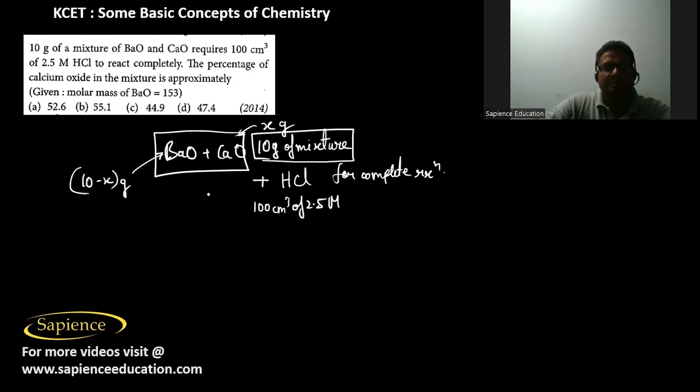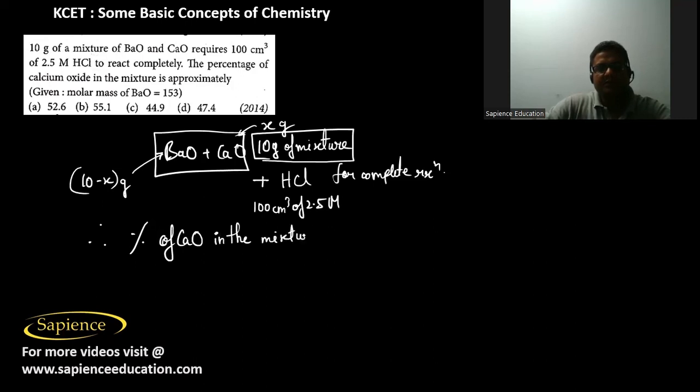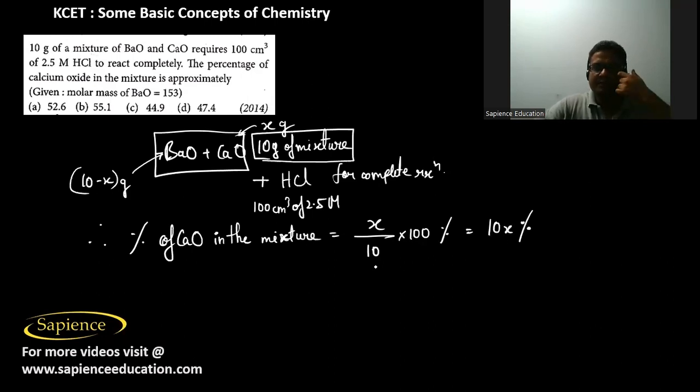Therefore, the percentage of calcium oxide in the mixture will be equal to x by 10 into 100%, so that will be equal to 10x percent. So we have to find x first here.